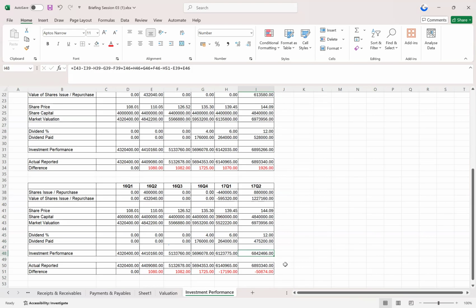This becomes 6842. And the difference now is 52,800. Do you know why this 52,800 has gone down? Because of this difference that I have lost on dividends.